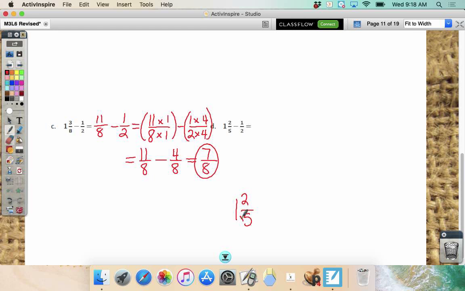Okay, so if I do 1 times 5, what's that? 5. Plus 2, 7/5. And if you have trouble remembering the denominator, that's okay. Just go ahead and know that it's going to be the exact same number that you multiplied by. Okay? Minus 1/2.